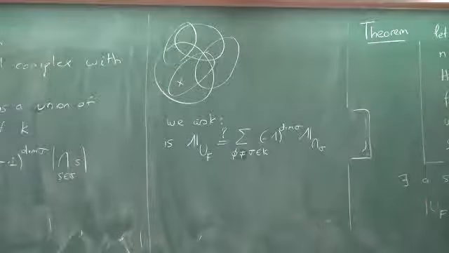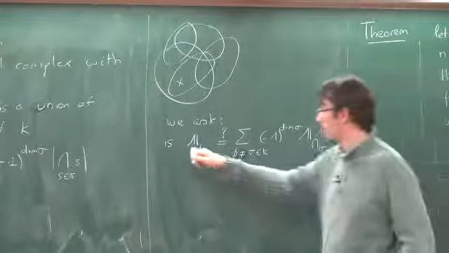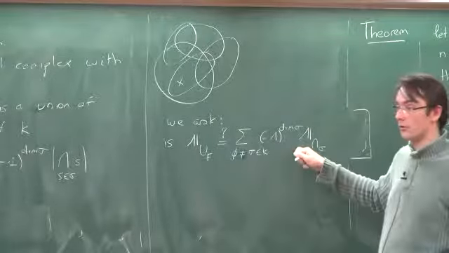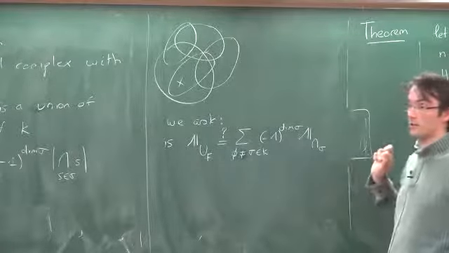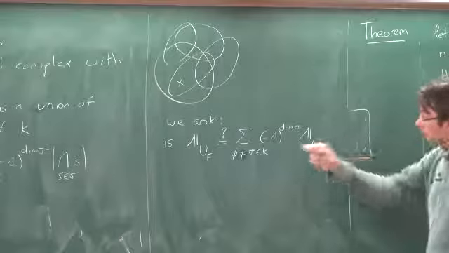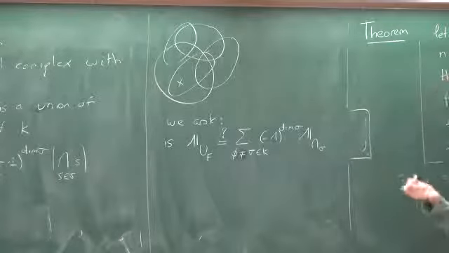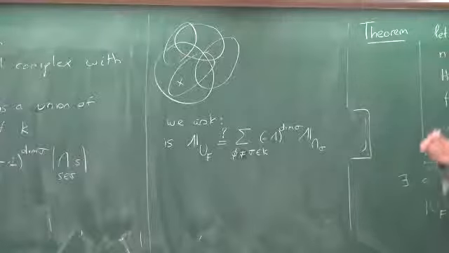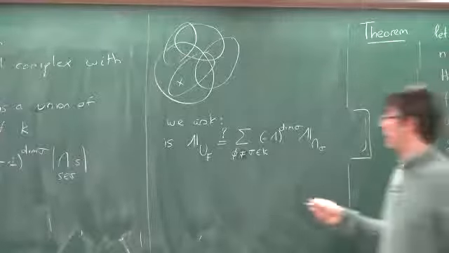Okay, so we can simply rephrase the question in these terms. Is the indicator function of the union equal to the same linear combination of the indicator functions of the intersections? Okay, so this is true if and only if it is true in every point. So I will simply check it in each point.